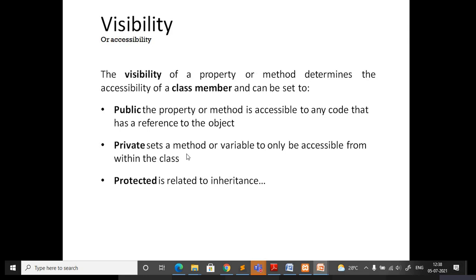Then private sets the method and variable to be accessible only from within the class, so the scope is only within the class. If it is protected, it is very similar to private. Now itself I have shown, even if you change private to protected, you are still unable to access that property outside the class.